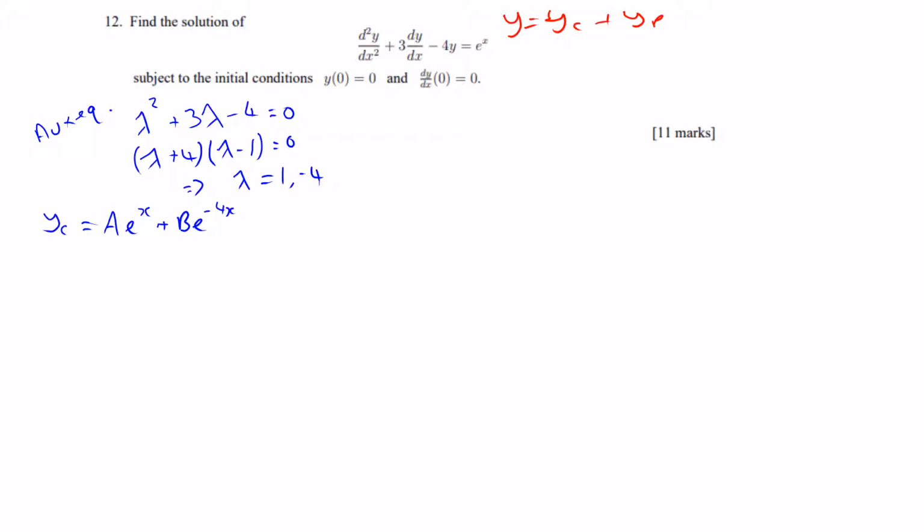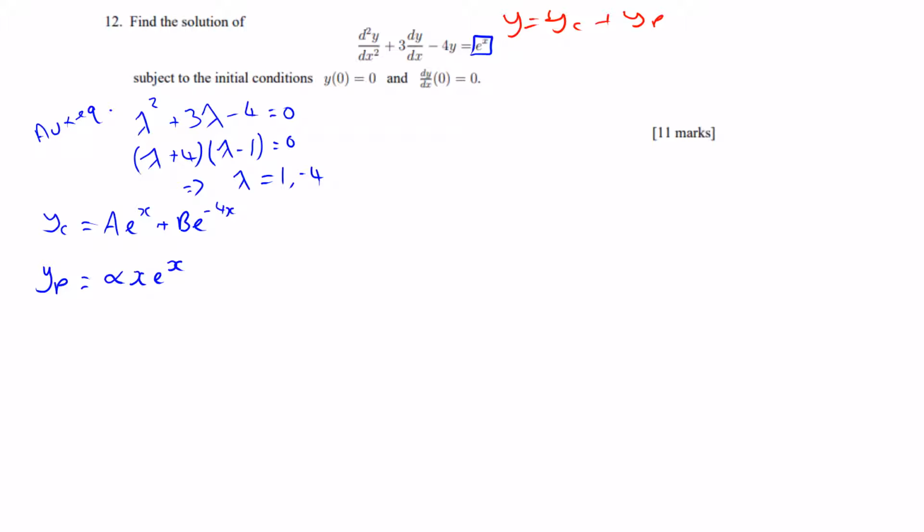So how do we work out what this yp is? yp is all related to our e to the x here. So if we assume that yp is some constant alpha multiplied by x e to the x, then we can find out what alpha is.